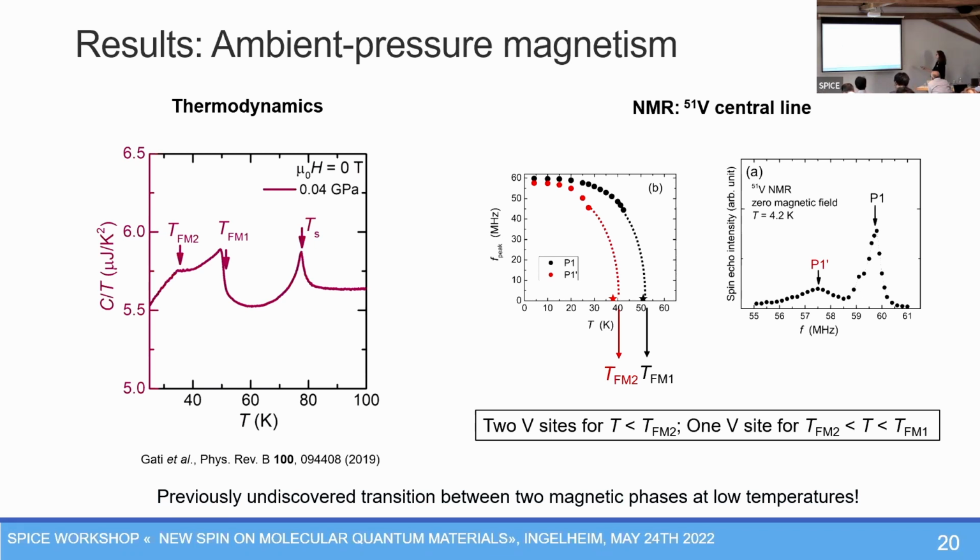He identified 2 peaks, which both correspond to vanadium central lines. Importantly, those two peaks are present below a temperature of 36 Kelvin, which is exactly that temperature. But above that, he only observed 1 peak. So with this microscopic insight, we were able to state, okay, we indeed do have here a previously undiscovered transition between 2 magnetic phases at low temperatures.